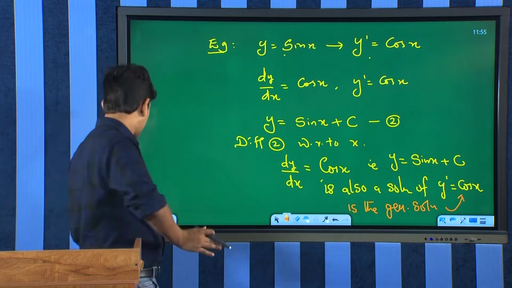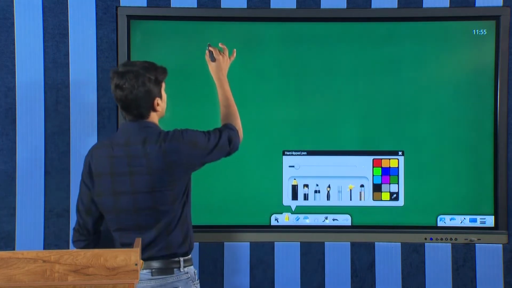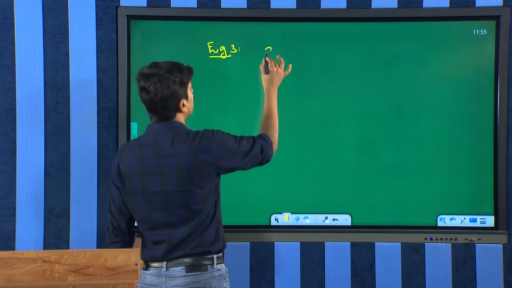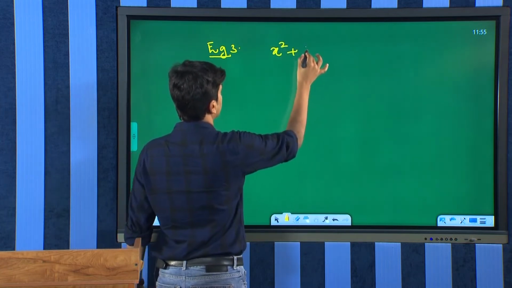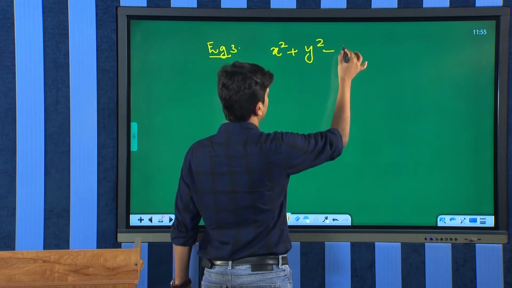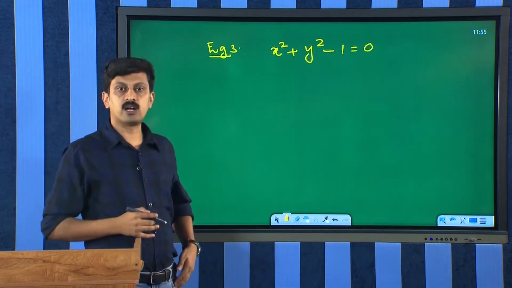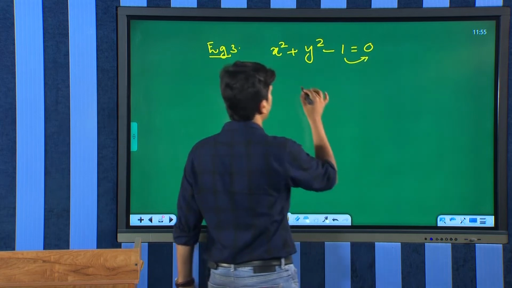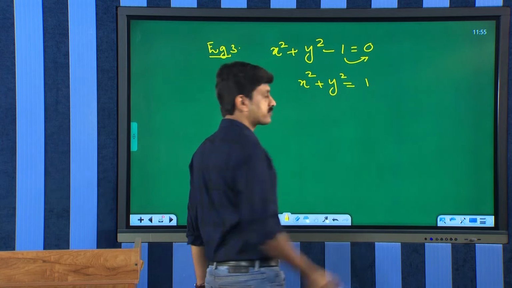See, we can take another curve in the plane. I would like to consider the curve as example 3: x square plus y square minus 1 equal to 0. Taking 1 to the other side, you may have this as x square plus y square is equal to 1.